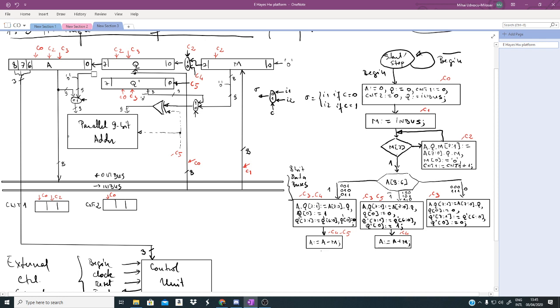Because the direction here is from Q to the multiplexer, right? Unfortunately I don't have the space to, let's see. So I'll put a demultiplexer here.